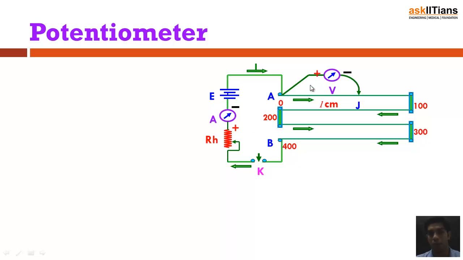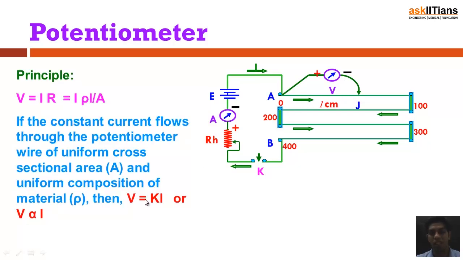We can definitely make out that the reading of the voltmeter will be proportional to the length of the wire, right? Because V is equal to Ki, being the resistance between these two points. So V is definitely proportional to the current flowing in the wire.